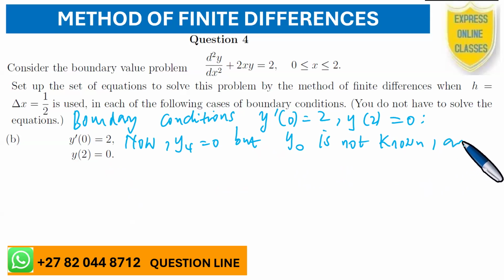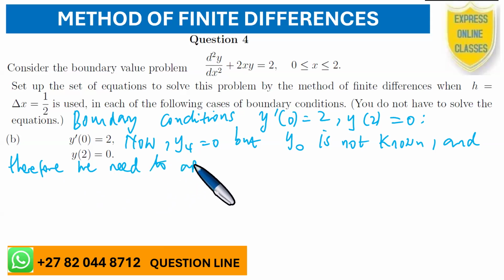And therefore we need to apply star, which we still have in mind, at x0, because y0 is not known.